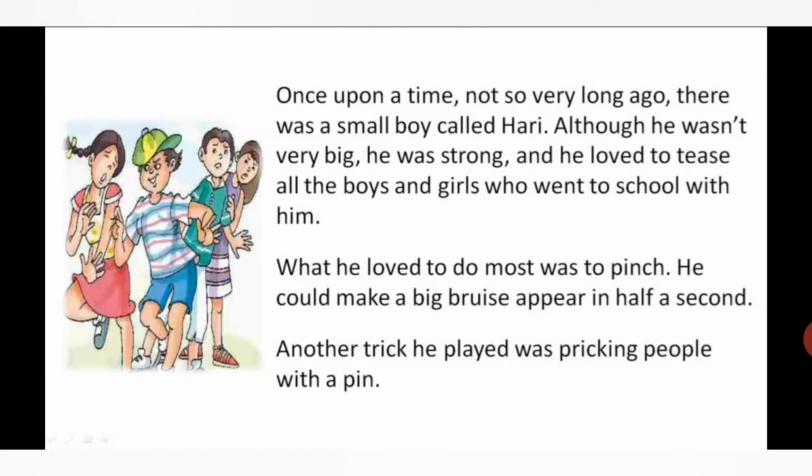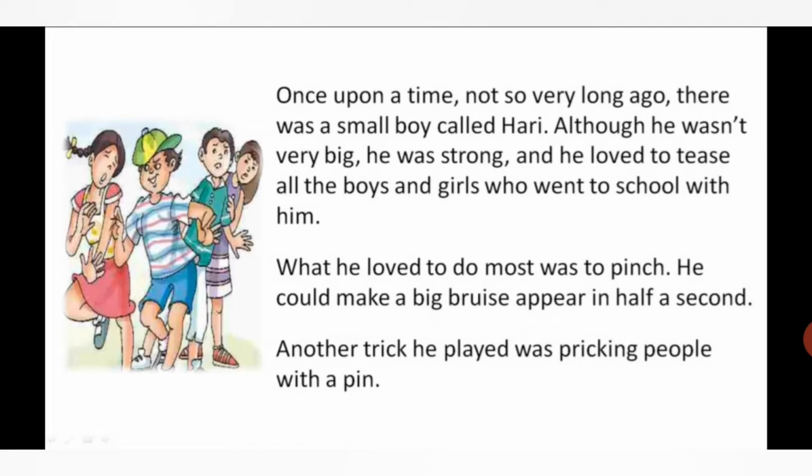What he loved to do most was to pinch. He could make a big bruise appear in half a second. Another trick he played was pricking people with a pin. So Hari loved to pinch others and prick them with a pin, and in half a second he could make a bruise appear.